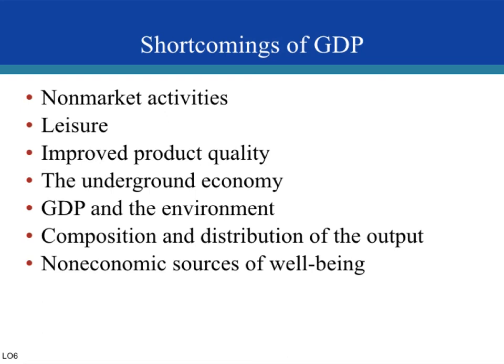It doesn't show if GDP is pretty evenly distributed to everyone, such as the Nordic countries, such as Sweden, for example, or if there is a high level of income inequality where there's a lot of rich people, a lot of poor people, but not so many people in between. And also non-economic sources of well-being, like I guess the value of meditation or exercise.